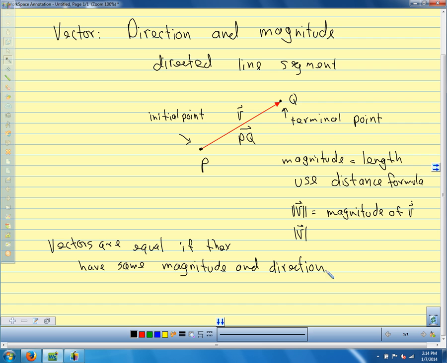So it doesn't matter where it's located, as long as the vector has the same magnitude and direction as some other vector, we call them equivalent. They don't have to be on top of each other, they just have to have the same magnitude and same direction. That's how we tell if vectors are equal.